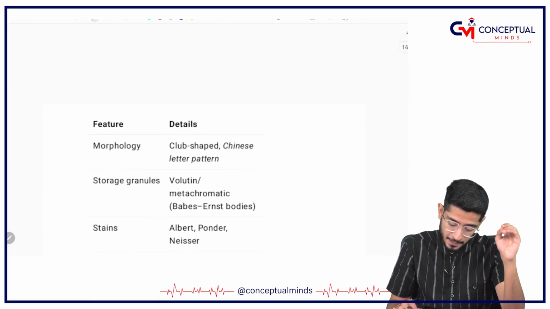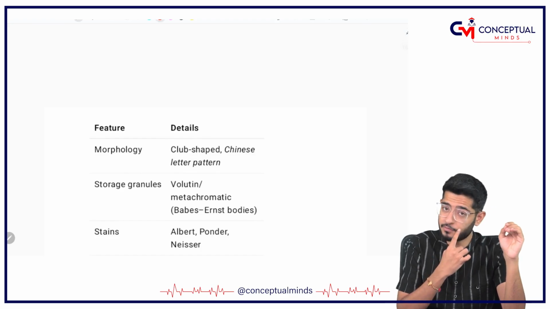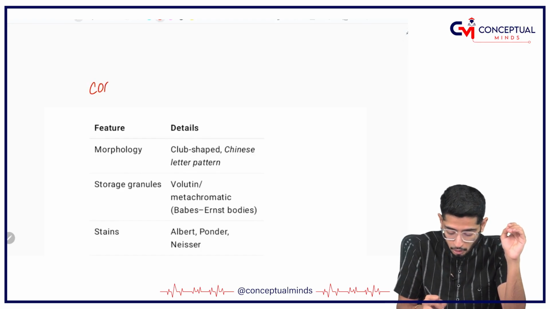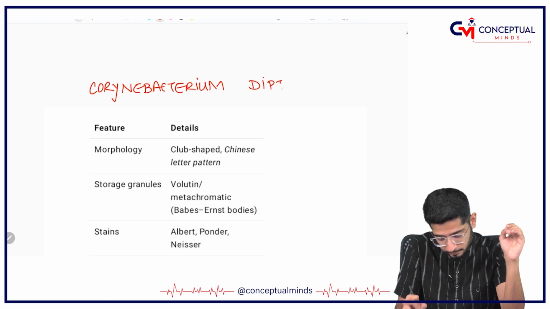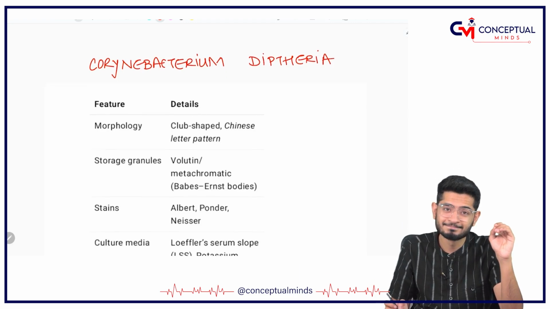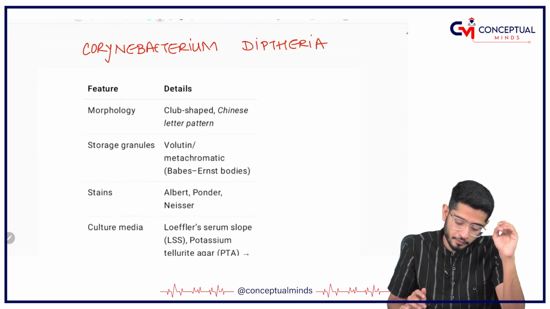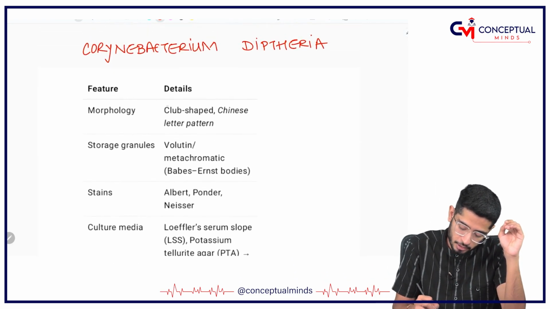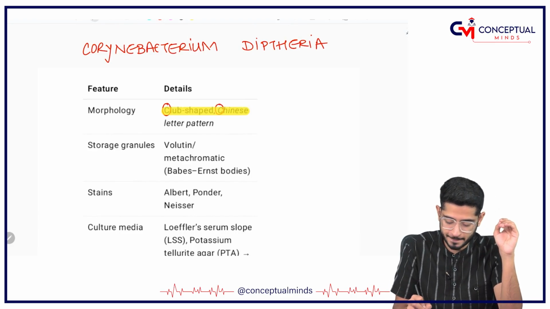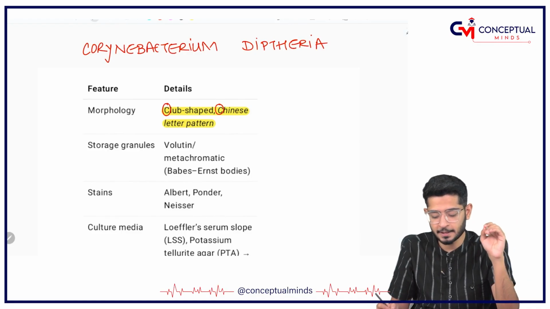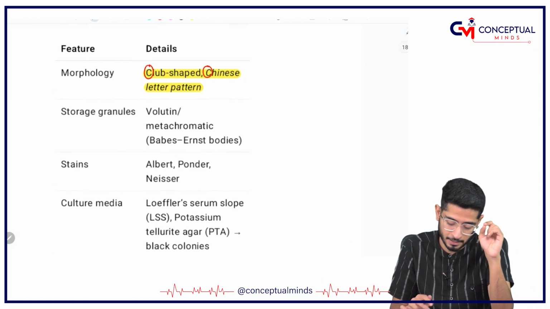The organism responsible for causing diphtheria is Corynebacterium diphtheriae. C for Corynebacterium, C for club-shaped, C for Chinese letter pattern. So it is a club-shaped bacteria, a Chinese letter pattern bacteria.